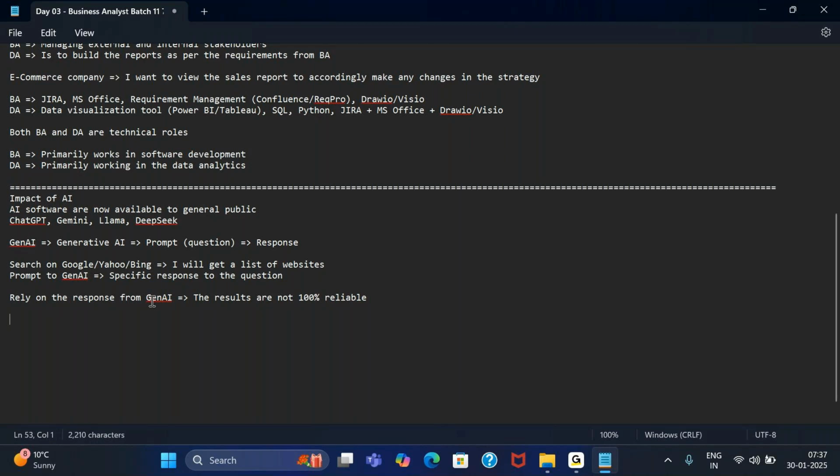The answer actually lies in this: there are certain areas where AI can certainly help you do your job effectively.